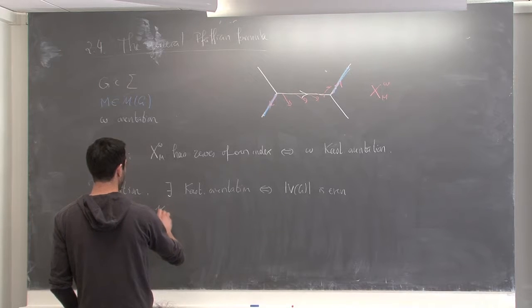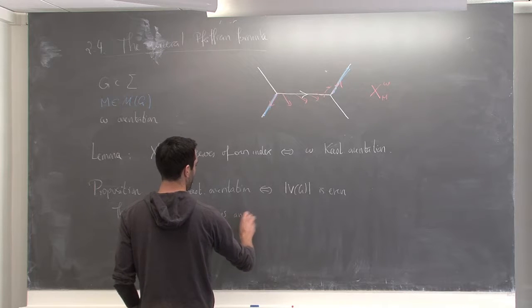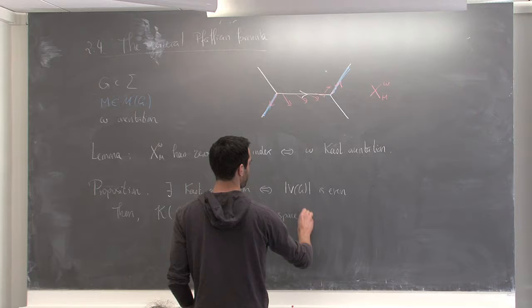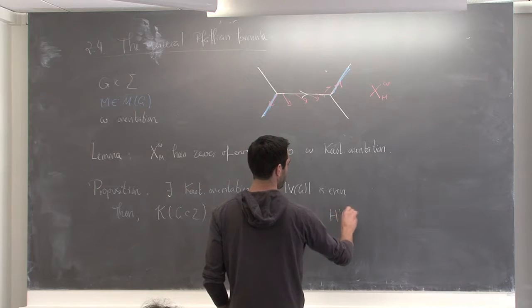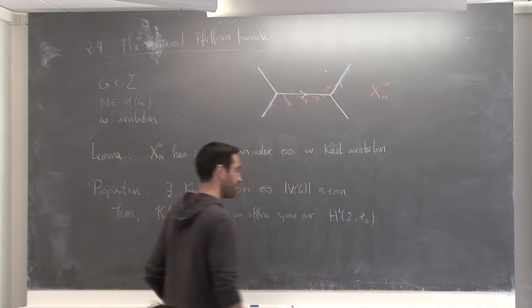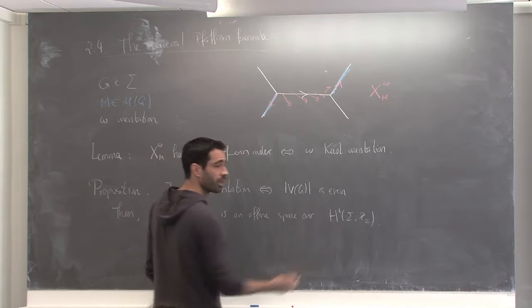Then the set of equivalence classes of Castelline orientations is an affine space over this space. In particular, it means that it's in bijection with this space.